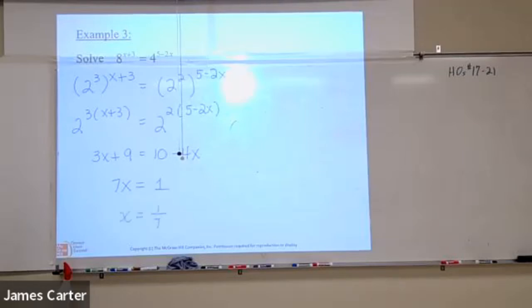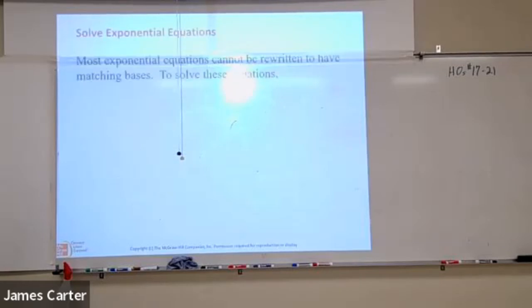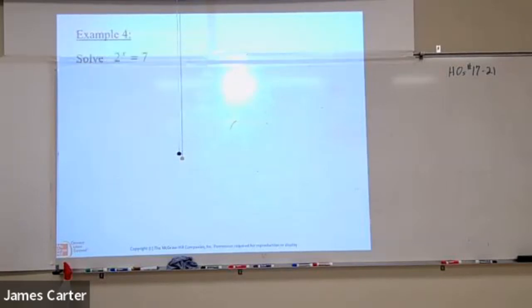Okay. That's if you can get the same base. But what if you can't get the same base? Like this one. Well, here's the trick. If you can take away a logarithm on both sides, you can put back a logarithm on both sides. What he giveth, he taketh.